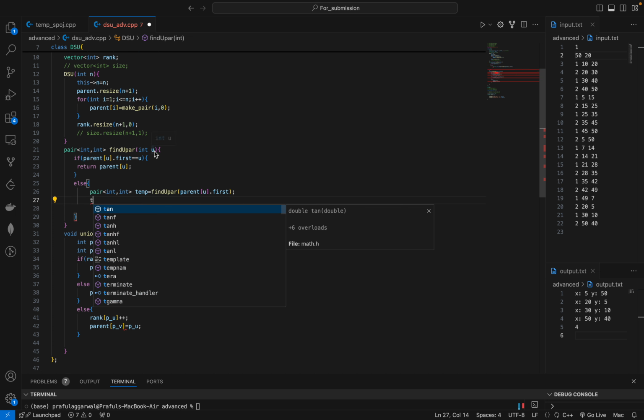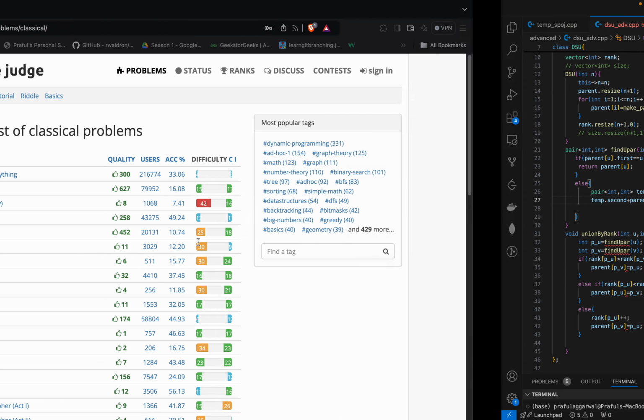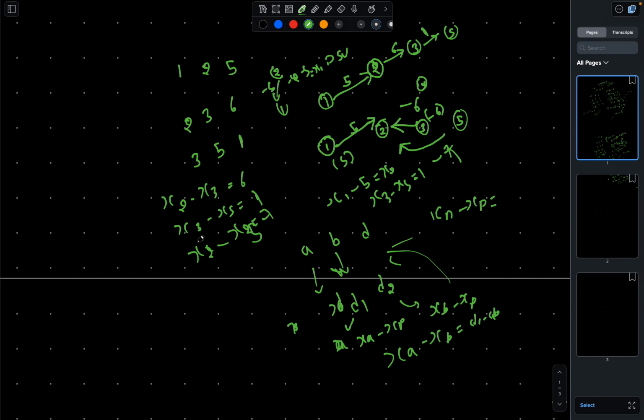Now what will be the weight of current node with the ultimate parent? This will be temp dot second plus u dot second, right? Because if you see, say this is one node, this is one node, and there are some nodes in between, and this is the ultimate parent.